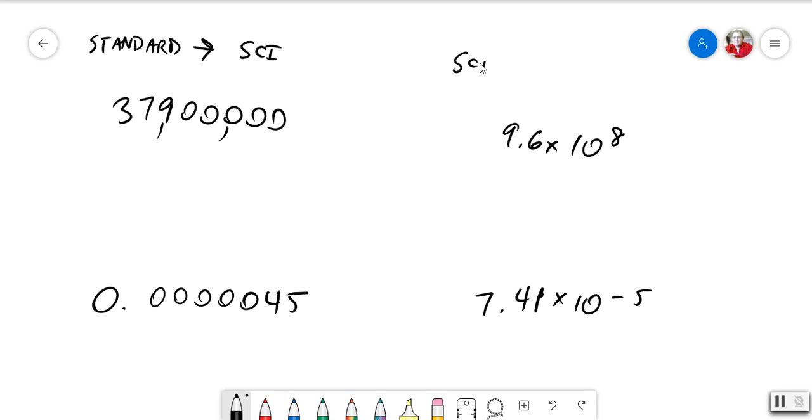Then you'll get asked to do the opposite, scientific to standard. Well, standard to scientific, what do we do? Take that mantissa, non-zero part, put a decimal after it, after the first digit, times 10 to the, then count that first decimal place forward to the right. 1, 2, 3, 4, 5, 6, 7. That's it.